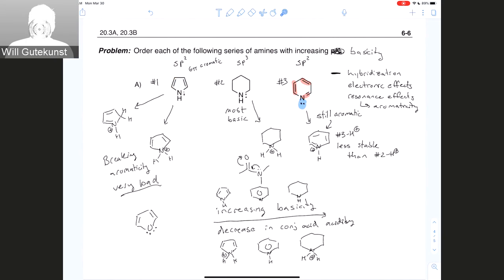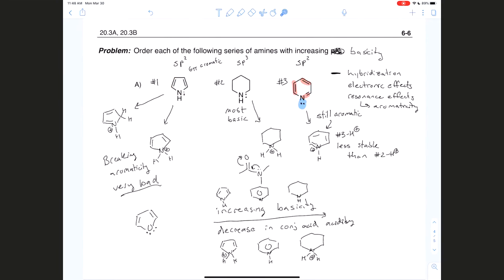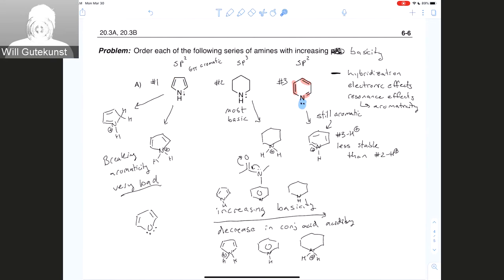Kevin asked, what about the case of acidity? Do you mean what about acidity in the context of aromaticity? So this actually can come about somewhat. I'm going to use a different sheet.